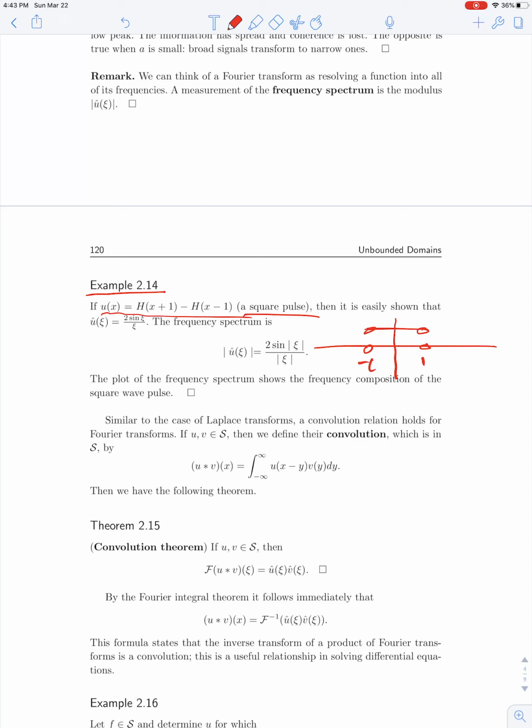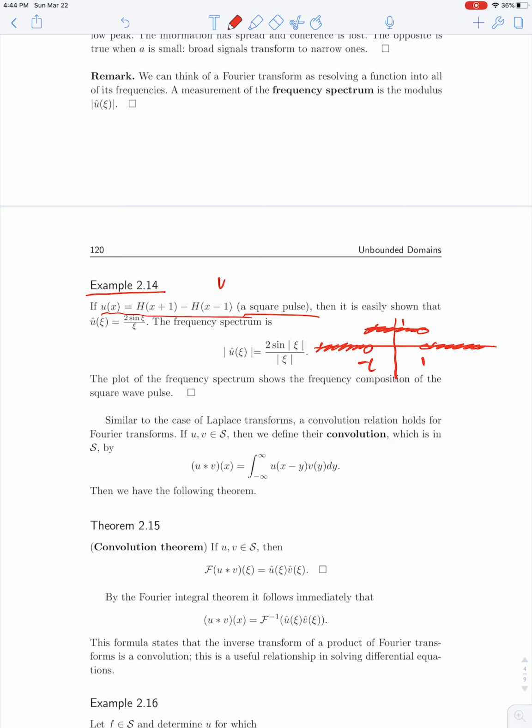The function is 1 between -1 and 1, and it is 0 for x greater than 1 and for x less than -1. So this is a square pulse function, and you just calculate the Fourier transform.